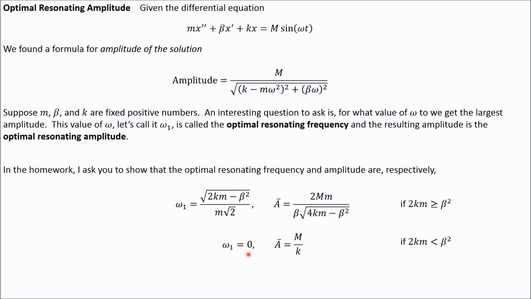Now, I'm not going to say any more about this. I want you to think about why that's true, why that would make sense, or what exactly is trying to be said here when I say that the optimal resonating frequency is 0. This is the case where we have a resistance that is large enough that it prevents any kind of resonation from occurring at all.